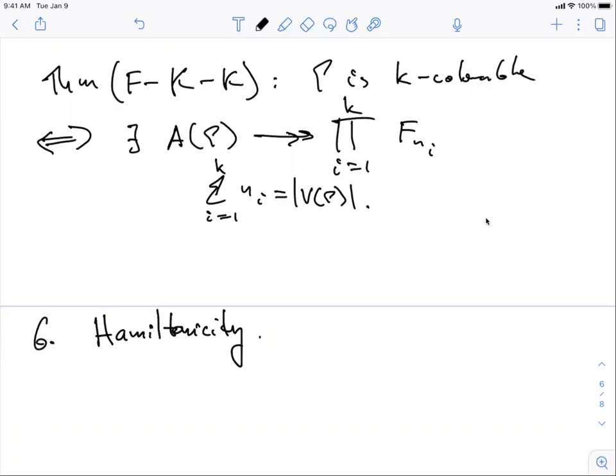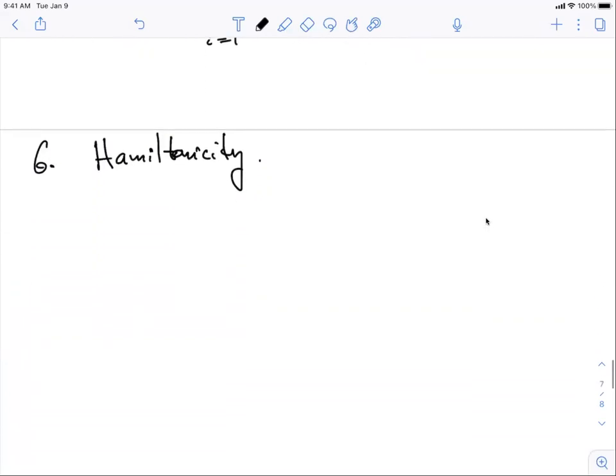Okay, so let's try and understand Hamiltonicity from the point of view of right-angled Artin groups. The characterization of Hamiltonicity really has to engage vertices and edges in a serious way.